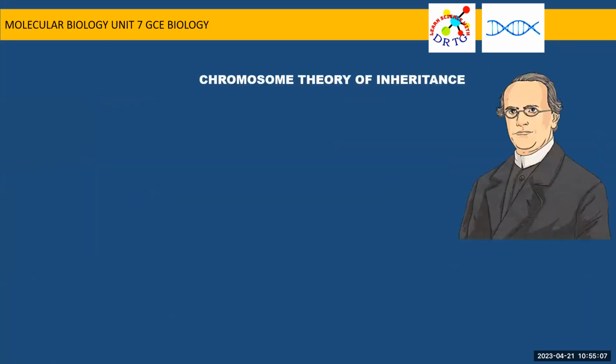Next, we are now going to move from Mendel's hereditary factors to the chromosome theory of inheritance. Because Mendel used hereditary factors to explain his theory of genetics. Now, this Mendel concept was not rejected at any time, but it was improved many times in history.